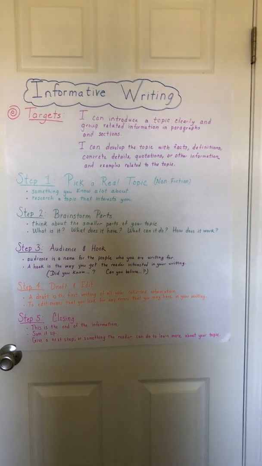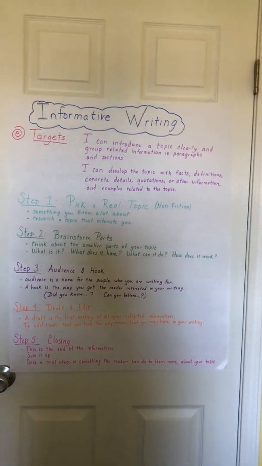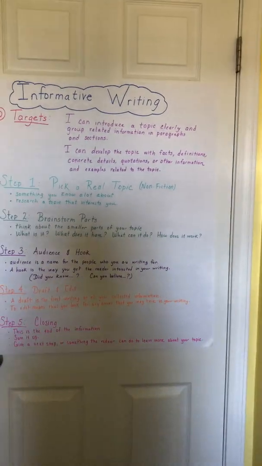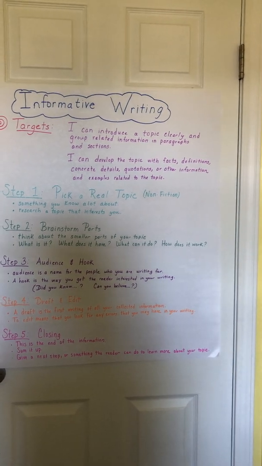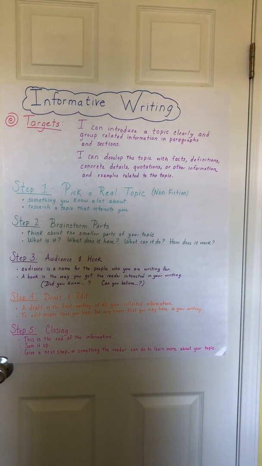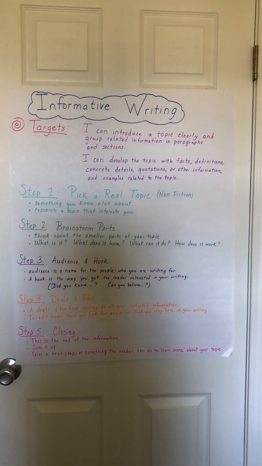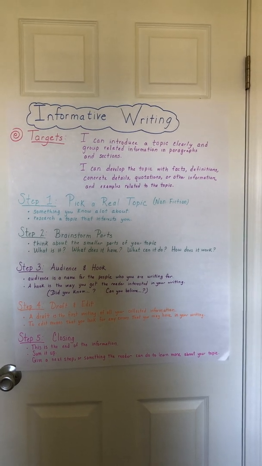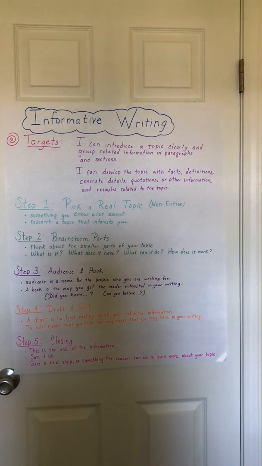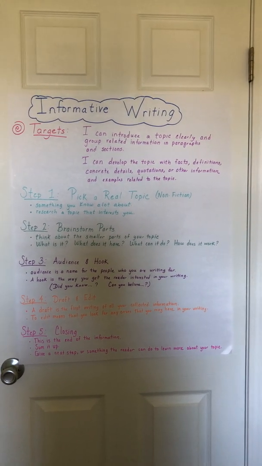All right, so lots of information in those targets we're going to be focusing on. But our biggest goals this week are going to be to pick a topic, introduce it, tell your reader what you are going to be teaching them about, because informative writing is really writing to teach. You're teaching your audience something about a topic that you know something about. And then the second goal is going to be to not only introduce that topic, but to also develop it.